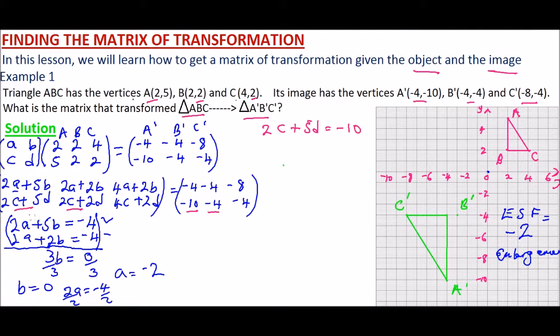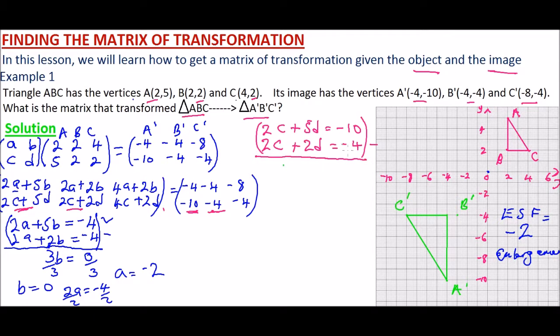That is this expression here, and we equate it to the corresponding element, which is minus 10. We also do the same for 2c plus 2d is equal to the corresponding value, minus 4. We solve these two equations simultaneously.